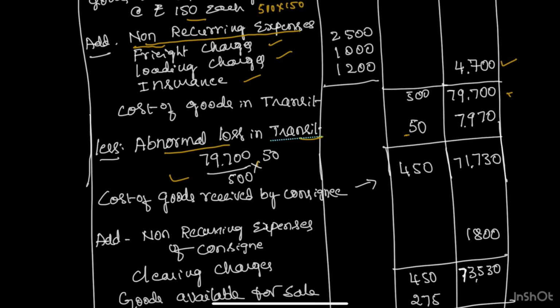So we find the cost of each case and multiply by 50, and we get the value of 50 cases, that is 7,970, which has been lost in transit. This is how we have to find it.